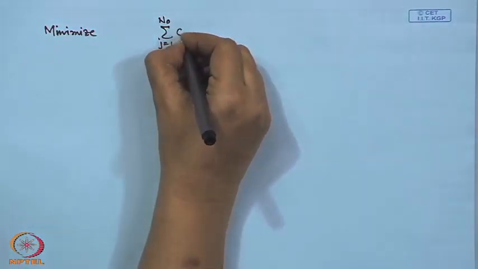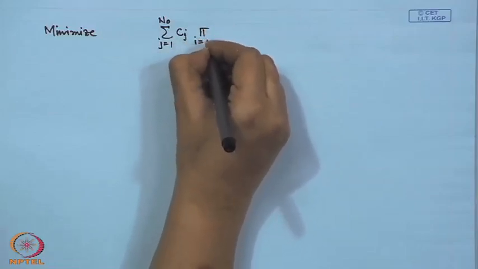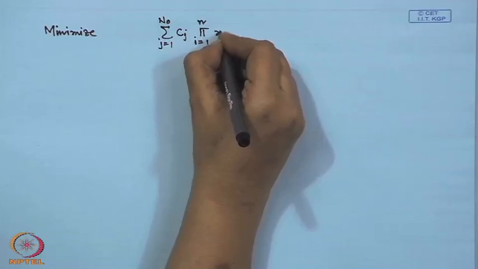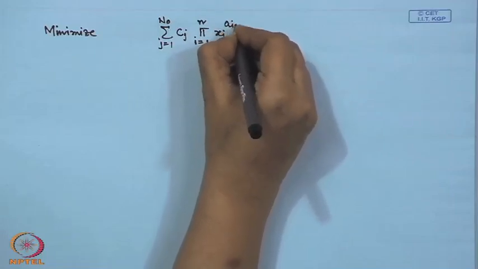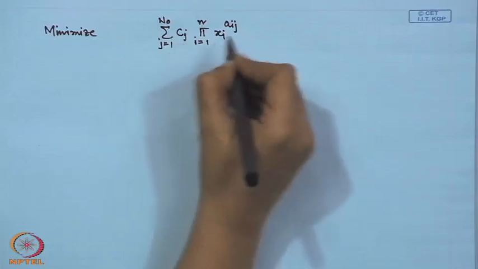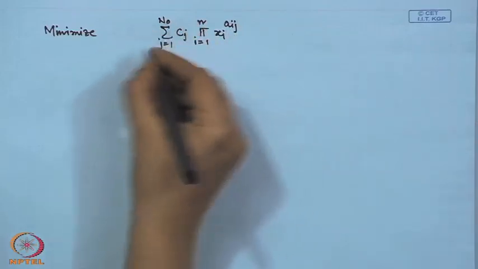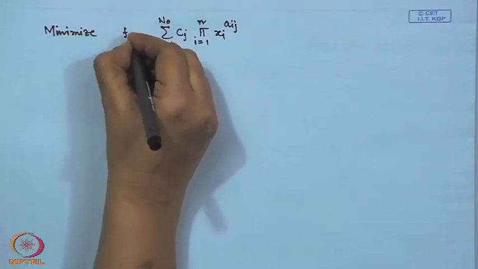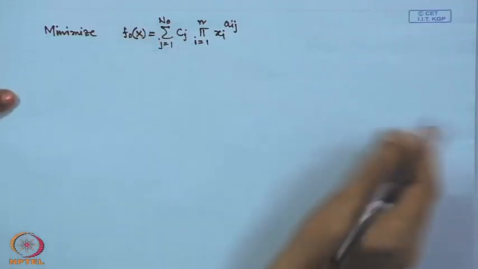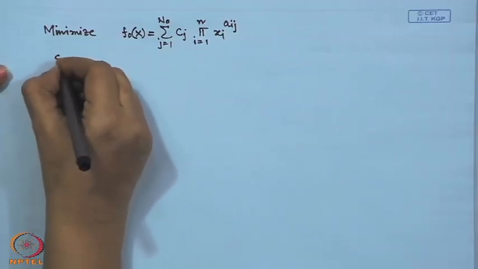In the polynomial, Cj and n decision variables are involved, that is why the product over i equal to 1 to n of xi to the power aij. This is a polynomial, as we know Cj's are positive and aij's are real numbers. Now let me name this objective function f0(x), where x is the decision variable tuple.